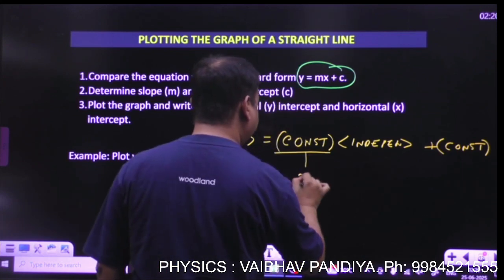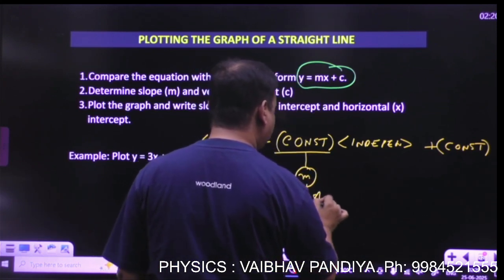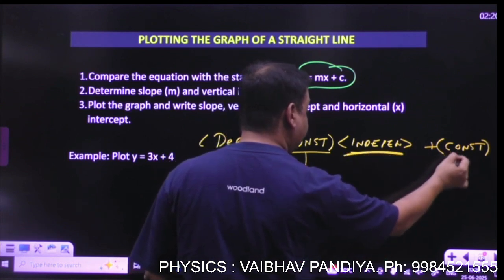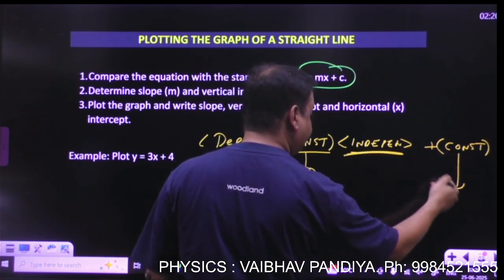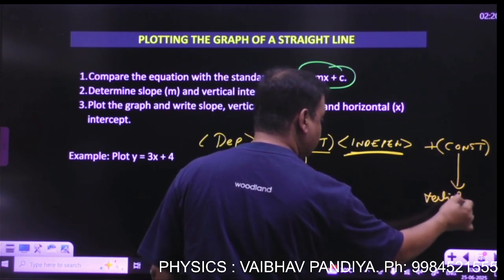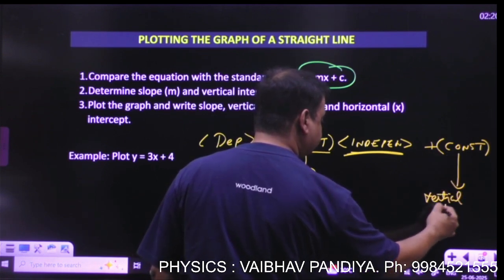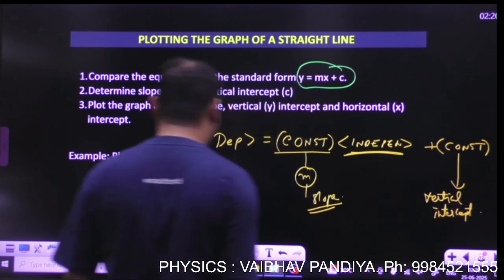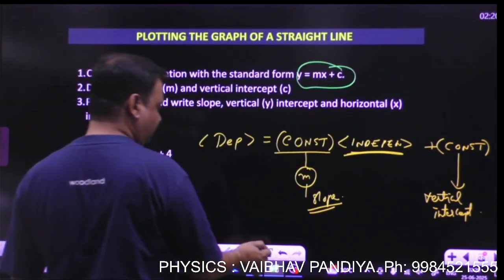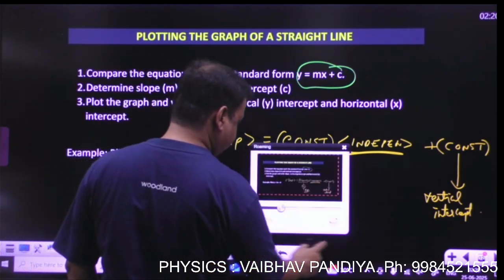This constant is playing the role of m, that is slope, correct? The coefficient of the independent variable. And this another constant which is isolated, separate, without any variable, this is playing the role of vertical intercept. Got it?